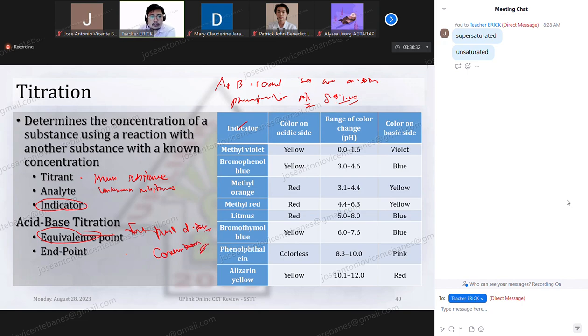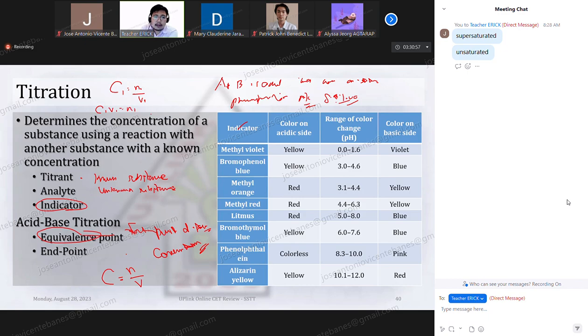Okay? Based on the idea of concentration, we go into the formula C equals N over V, C being the concentration, N being the number of moles, and V the volume. If you're given C1 equals N1 over V1, therefore C1V1 equals N1.